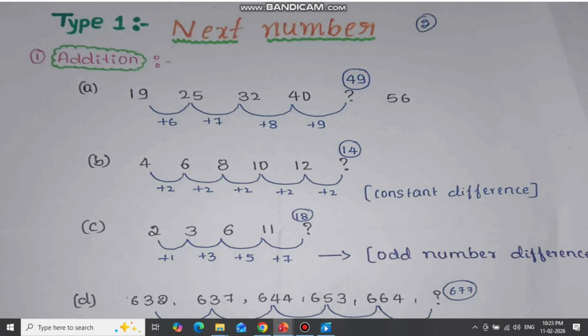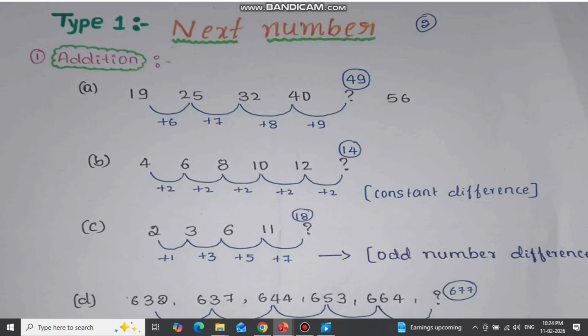First we'll take addition: 19, 25, 32, 40, question mark, and after the question mark 56. In the question mark we have to find which number. To 19 we add plus 6 and we get the second number.